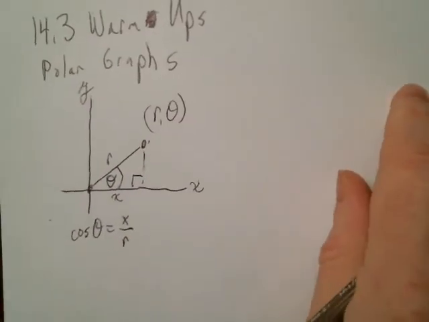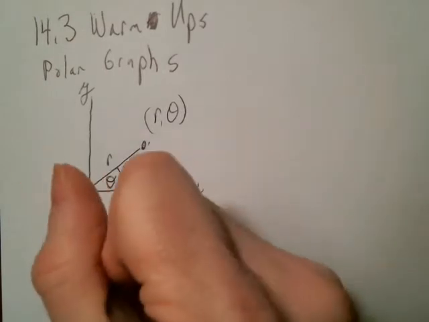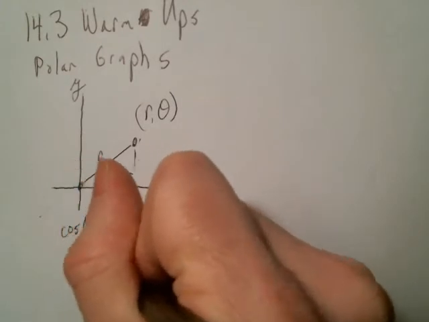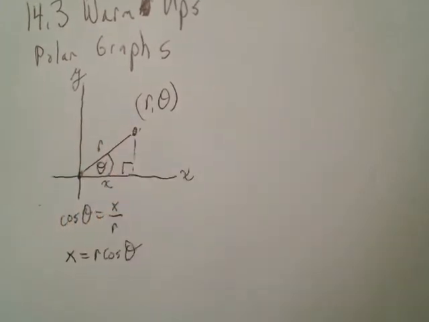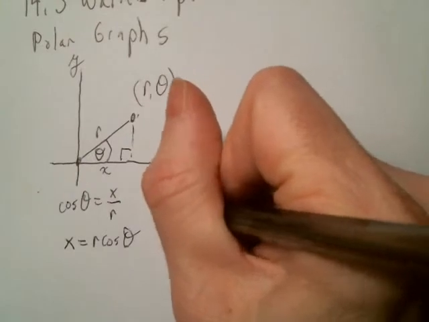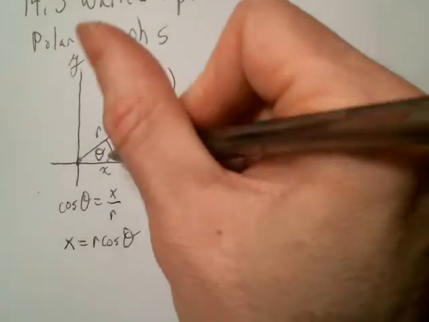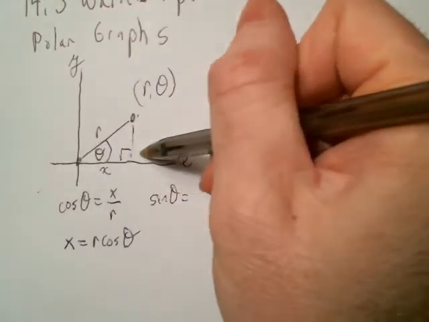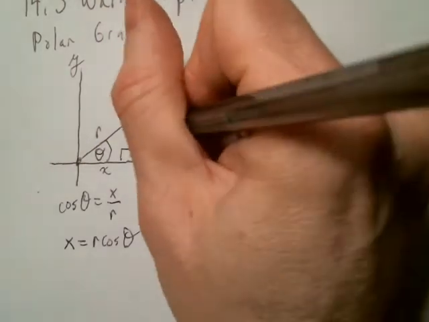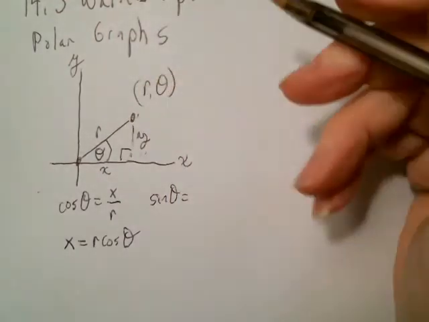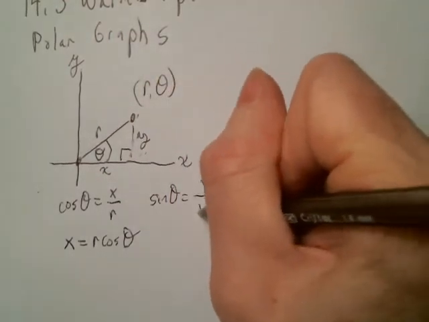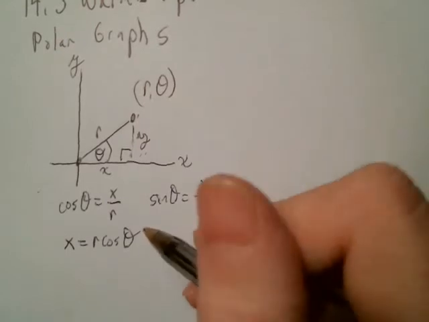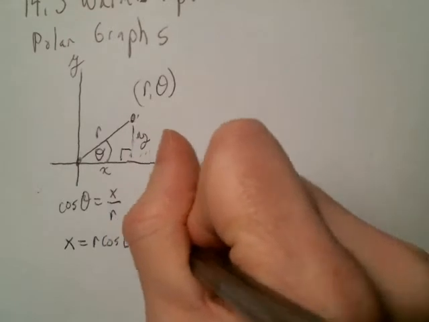And then we could solve for x, and we get our first coordinate conversion equation, x equals r cosine theta. You could do the same thing with sine. Sine theta equals opposite over hypotenuse. Okay, so we're working with this right triangle. Opposite over hypotenuse, so in this case it'll be y over r. And if you, again, multiply both sides by r, you get an equation for y: y equals r sine theta.